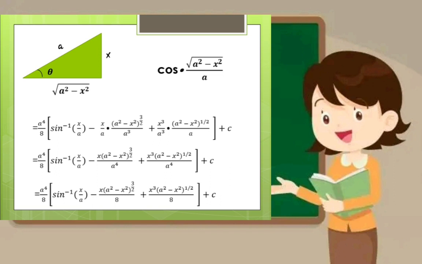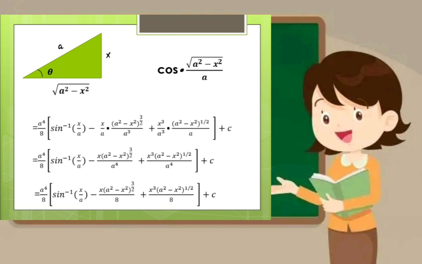So we have a to the 4th power over 8 times arc sine of x over a, minus x times the quantity a² minus x² raised to 3 halves all over a raised to the 4th, plus x cubed times a² minus x² raised to 1 half divided by a raised to the 4th, plus c.